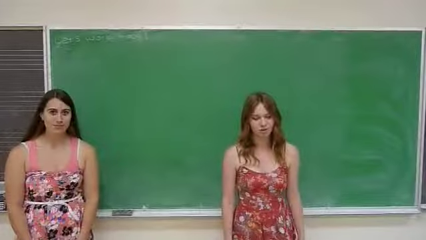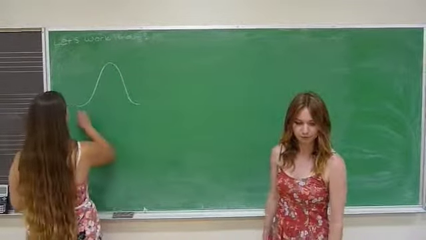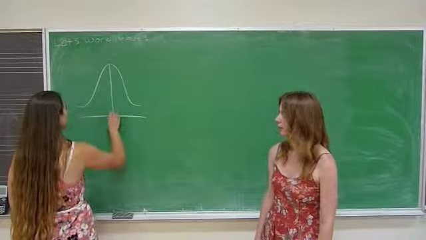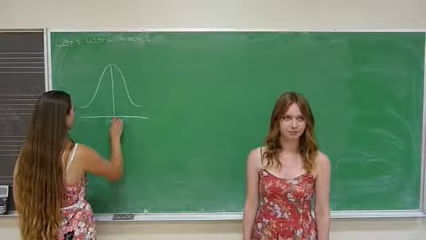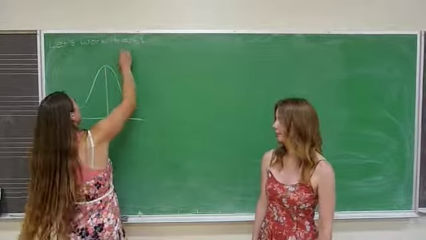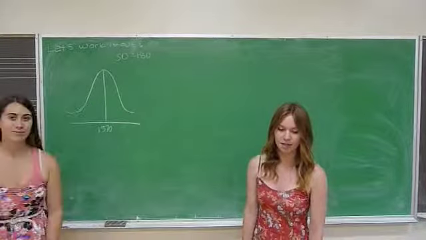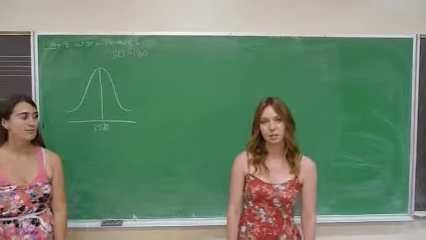So let's first draw a normal model with a mean of 1570 and a standard deviation of 180. Okay, so now we'll find the z-score of 1,800.